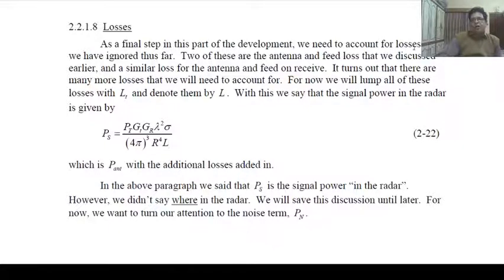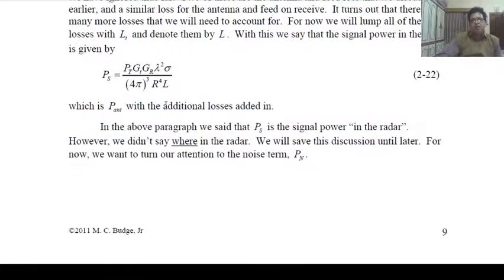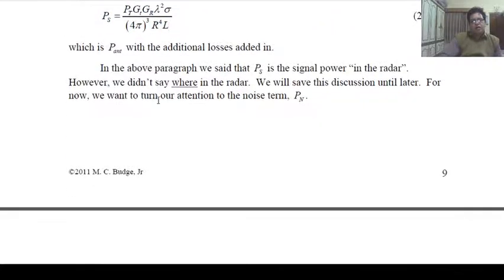We need to account for the losses, and if we include them, the expression becomes this. Additional losses are added, and because this term is in the denominator, PS is reduced. In the above paragraph, we said that PS is the signal power. What is PS? Signal power in the radar. However, we did not say where in the radar. We will save the discussion until later.